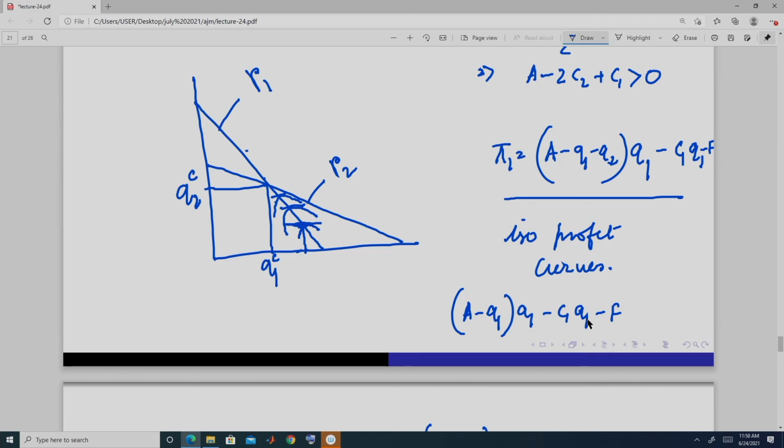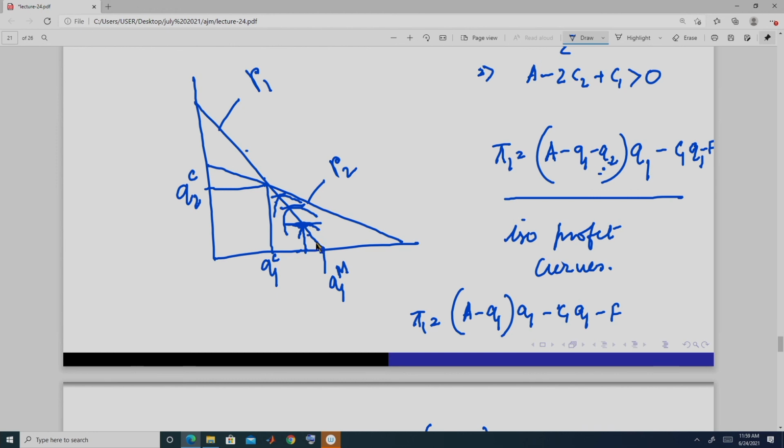It is again a quadratic function, or you can see it is also the monopoly profit function, and this is maximum at this. So, this is the Q1 when it is a monopoly, and when Q2 increases we shift from this function to this function, and so we know the profit is maximum at the monopolist.